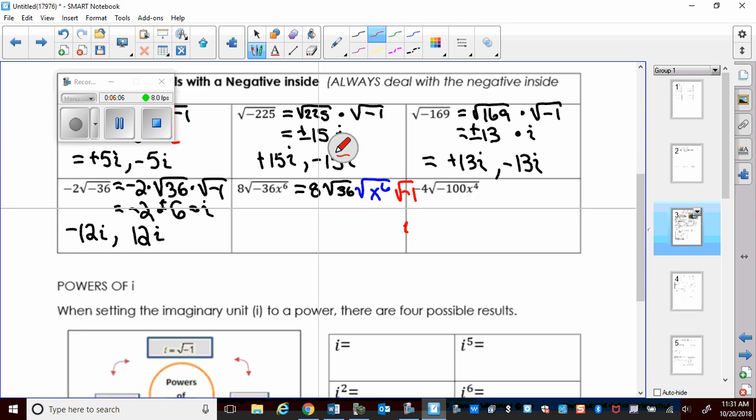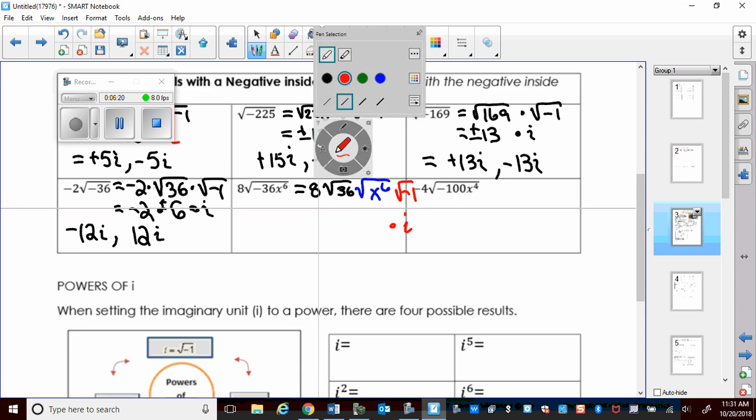So this is obviously going to be i. Okay? If you don't recall how to get rid of the radical for even exponent numbers, you divide the exponent by 2. So we're going to do that here. Divide this exponent by 2, and we get x cubed. It comes out of the radical.